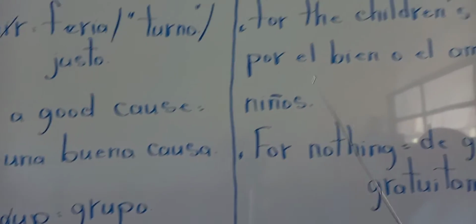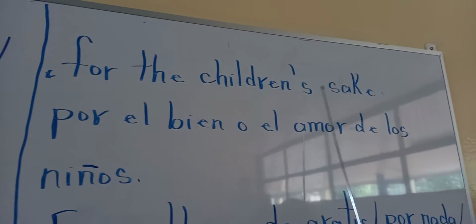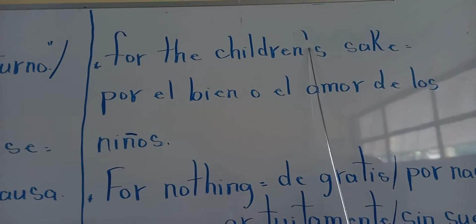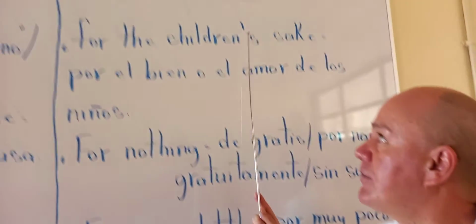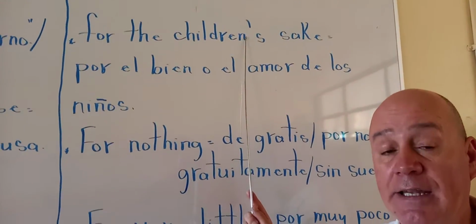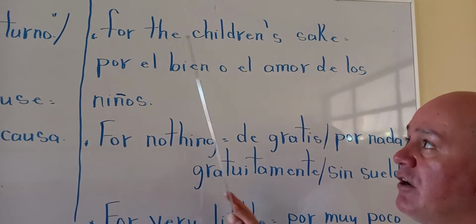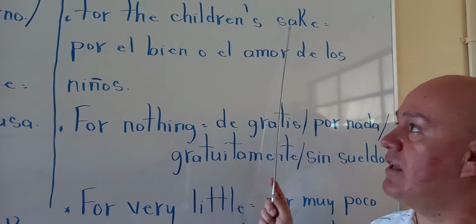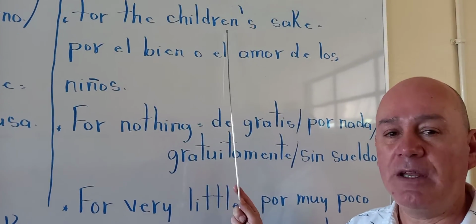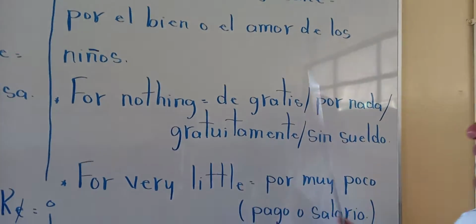For example, here, for the children's sake, this apostrophe is not pluralizing because this one is an irregular noun. It's part of the expression. For my friends' sake, for my family's sake.